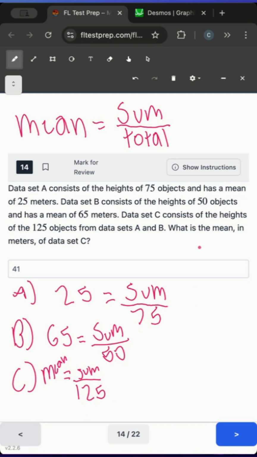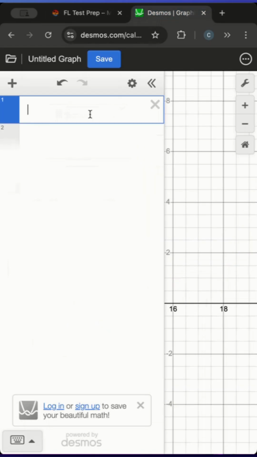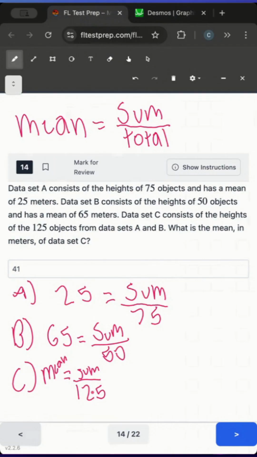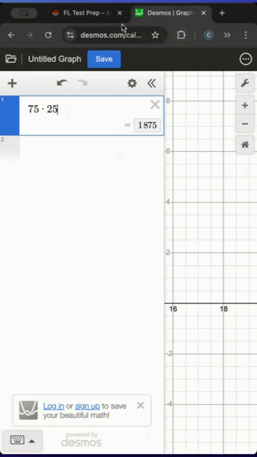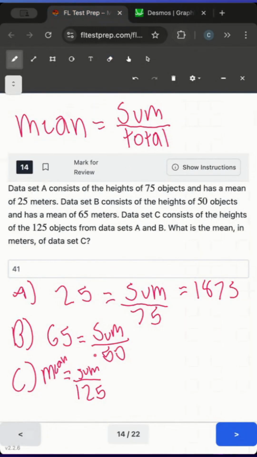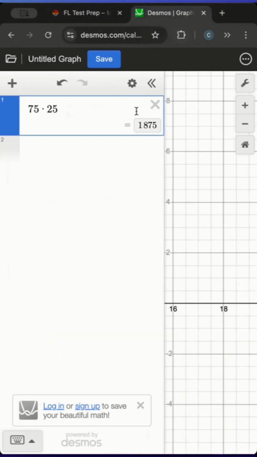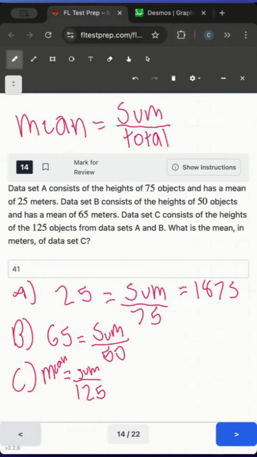So we need to find the sum of A, which would be 75 times 25. That'll be 1875. So the sum of A is going to be 1875. That's correct. Let's find the sum of B, which would be 50 times 65. So 50 times 65 is going to be 3,250.